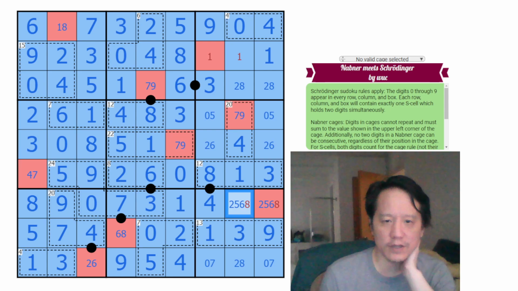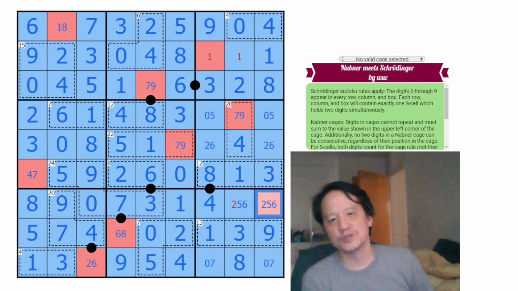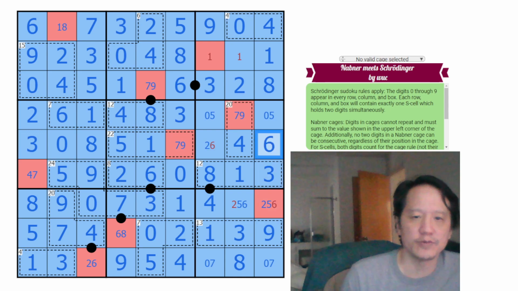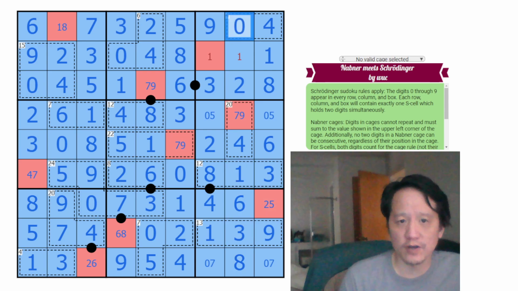This cannot be 8. So this is 8. This is 2. This is 8. This cannot be 2. So this has to be part of the 2. So this can't be 2. This is 6, 2. This is 2 and 5. So this is 6. This is a 2, 5 combo.